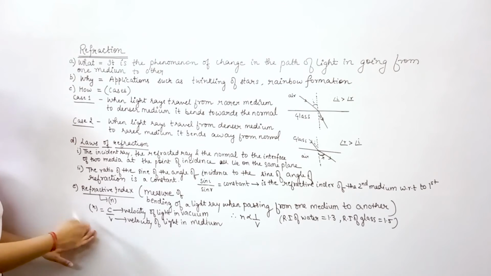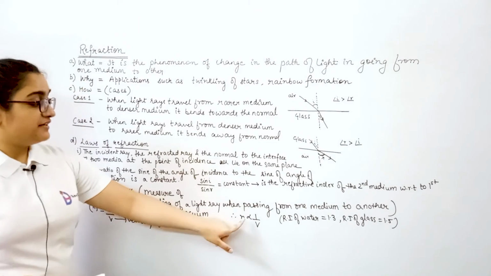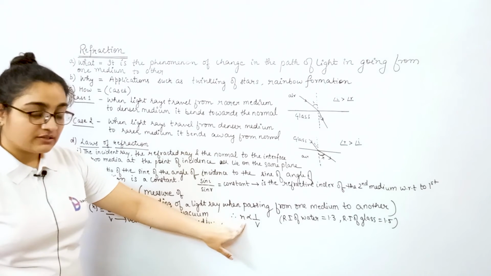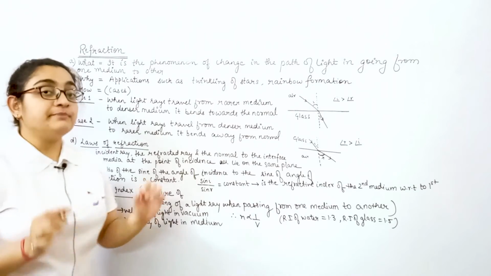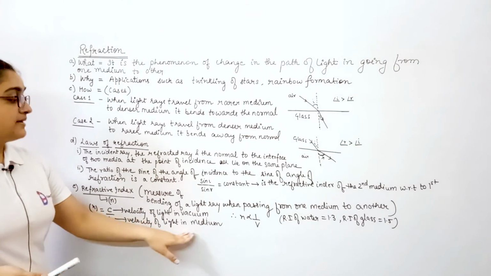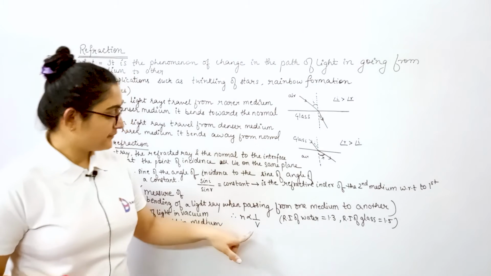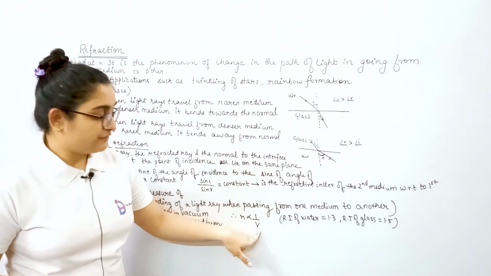Or with the help of this mathematical formula, you can conclude that the refractive index, which is represented by n over here, is inversely proportional to the velocity of light in medium. n is proportional to 1 upon v.